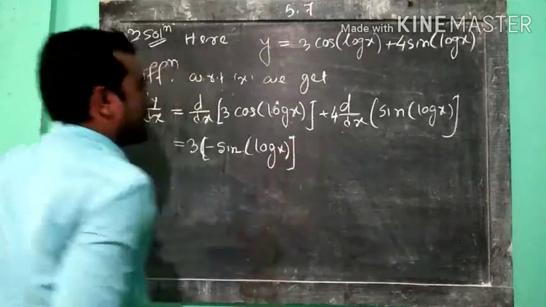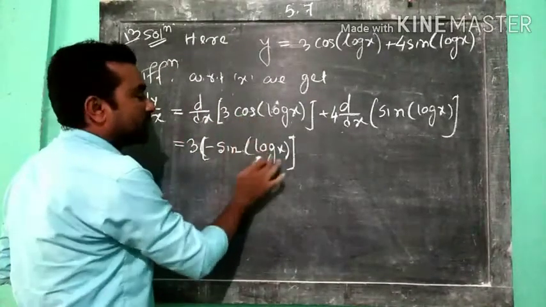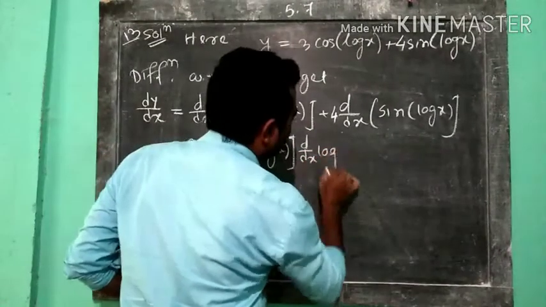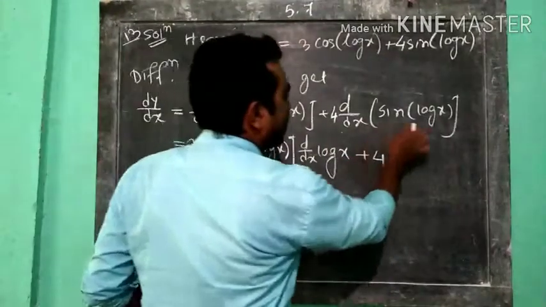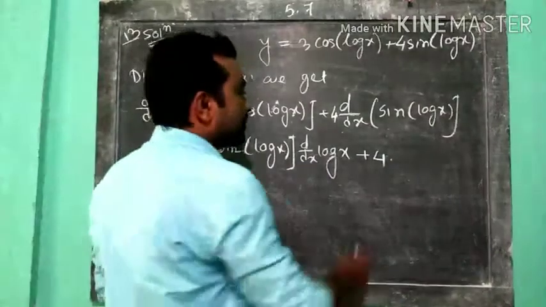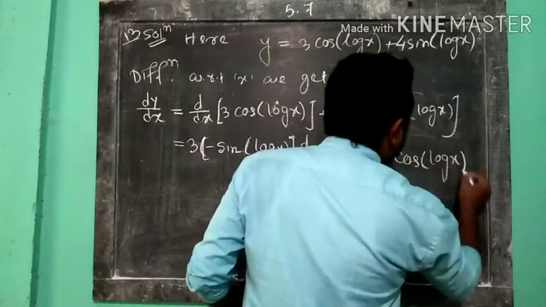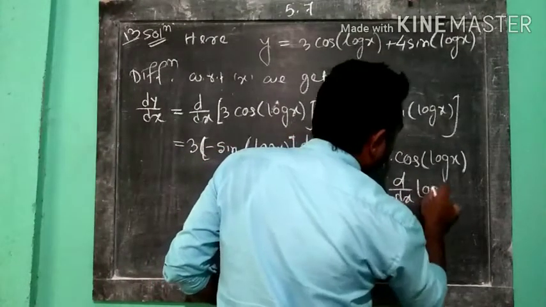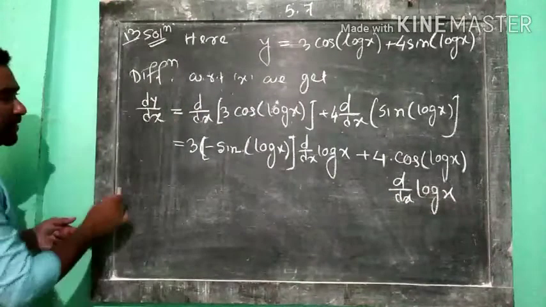This is according to the chain rule. First we differentiate cos, then we differentiate log of x. Plus 4 into d/dx of sin x, which is cos x, where x is log of x, and again by the chain rule we differentiate log of x. dy/dx can be written as y1.